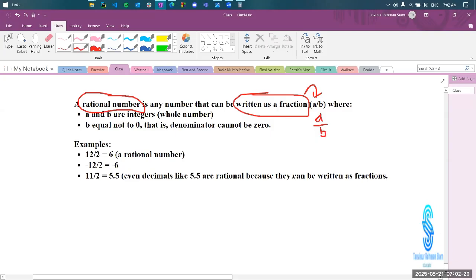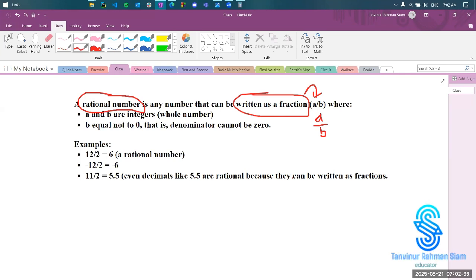Another point is they might include positive and negative numbers and decimals that end or repeat.